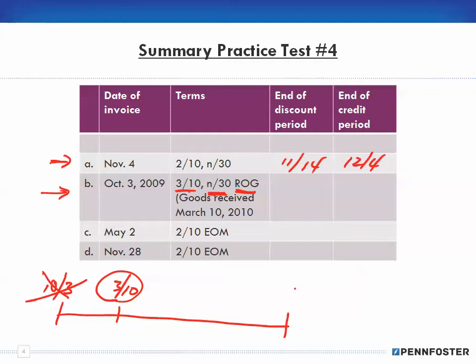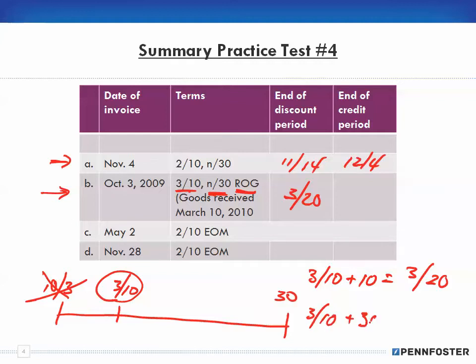So for March 10th, we add 10 days, and that will give us 3/20 would be the end of the discount period. Okay, and 30 days later, all right, so 3/10 plus 30 is going to be 4, but we have to look at March, and March has 31 days in it, all right?